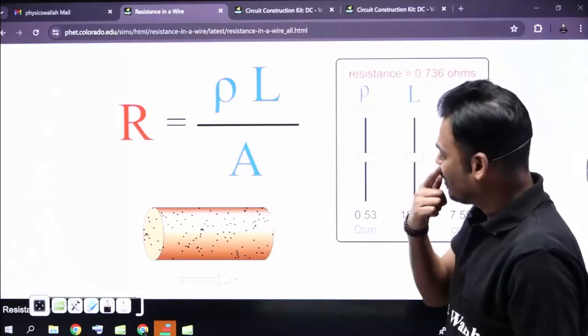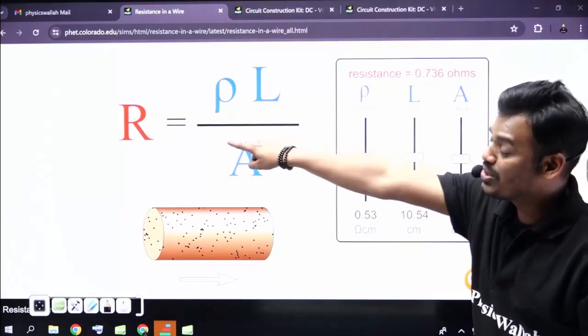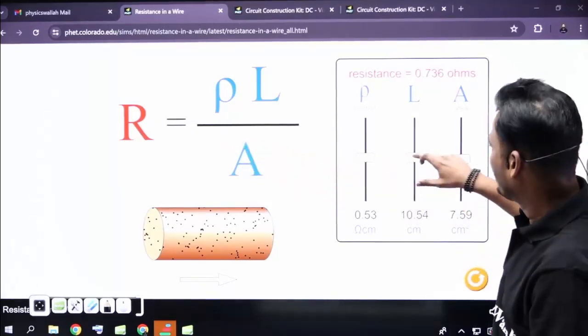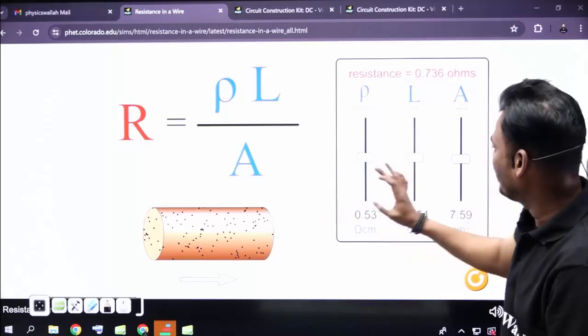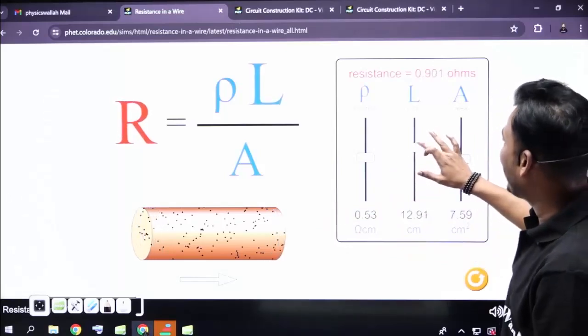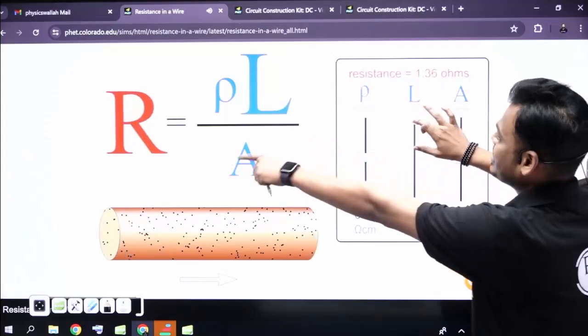Now I'll increase the length and let's see what happens to the resistance. Keeping the area the same, you see resistance is increasing.